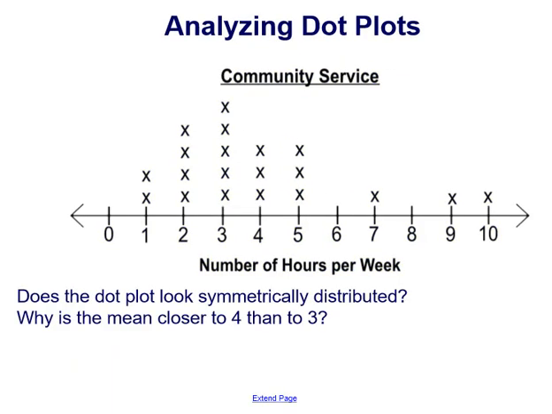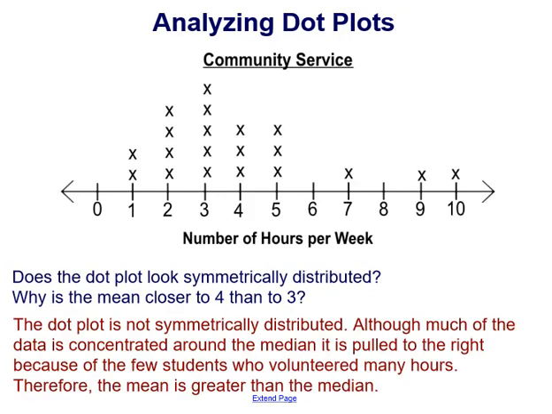Let's look at the dot plot itself, and knowing those measures, does the dot plot look symmetrically distributed, and why is the mean closer to 4 than to 3? Think about how symmetry or lack of symmetry affects the mean and the median. Well, the dot plot is definitely not symmetrically distributed.